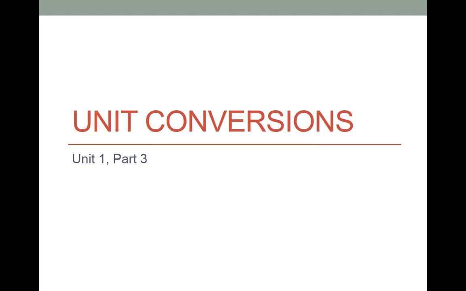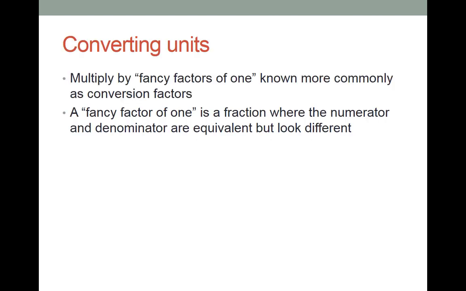So how do you convert units? Well, to convert units, you need to multiply by this thing called a fancy factor of 1, more commonly known as a conversion factor. Now, why do I call it a fancy factor of 1? Well, it's a fraction where the measurements are equivalent, but they don't look the same.